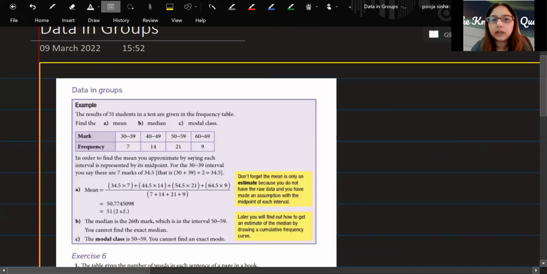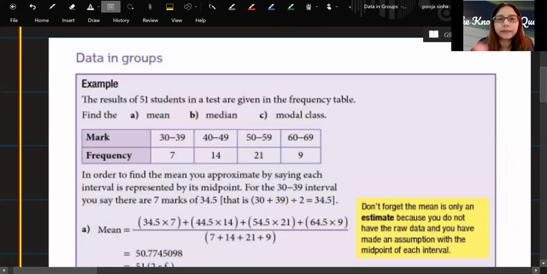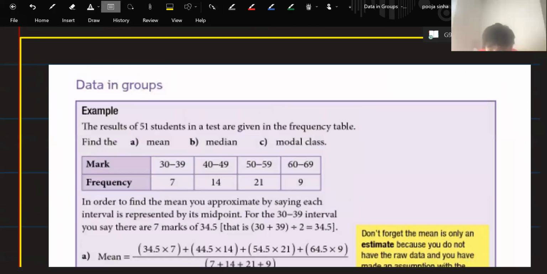What if your data is now in this way? In this form. Do you see this form here? Range and frequency.